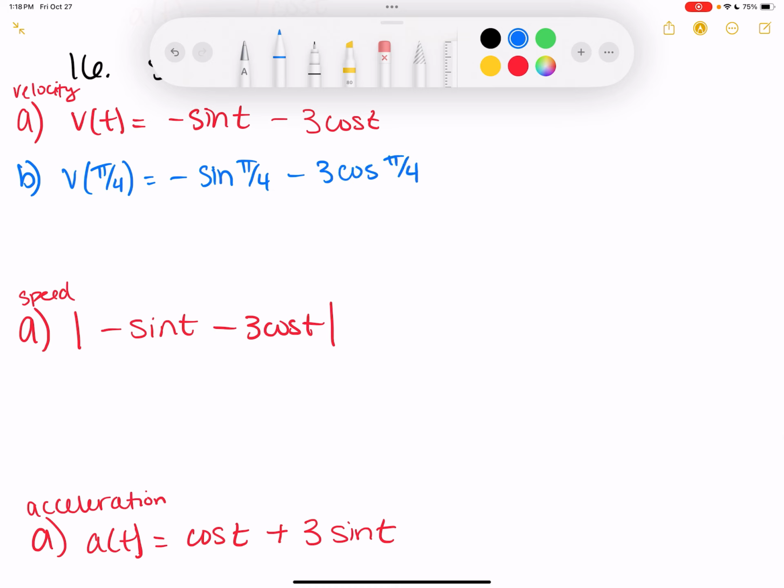What is the sine of pi over 4? It is root 2 over 2. So it's going to be negative root 2 over 2 because of the negative out front. And cosine of pi over 4? Root 2 over 2 times the negative 3. So minus 3 root 2 over 2.